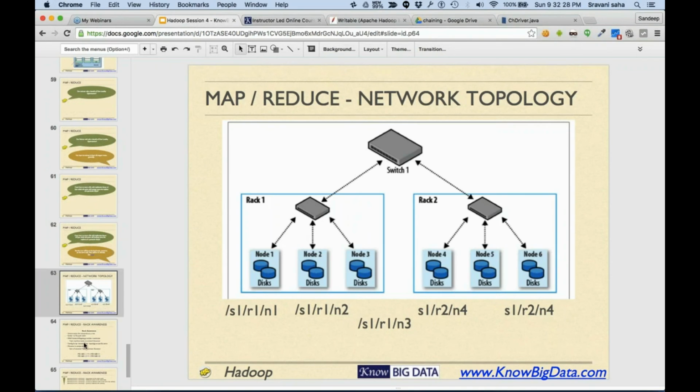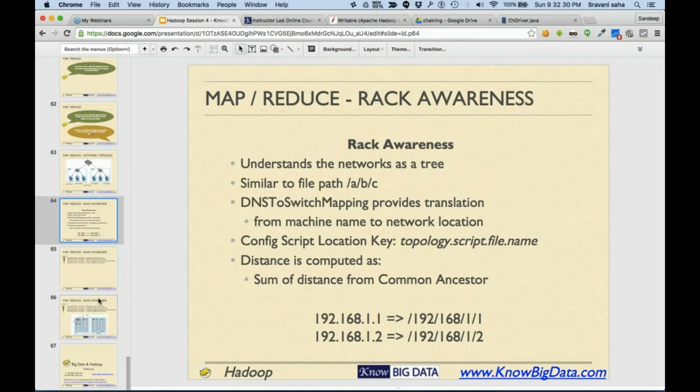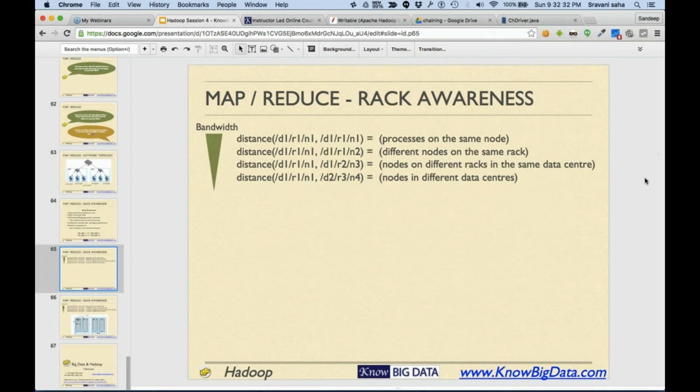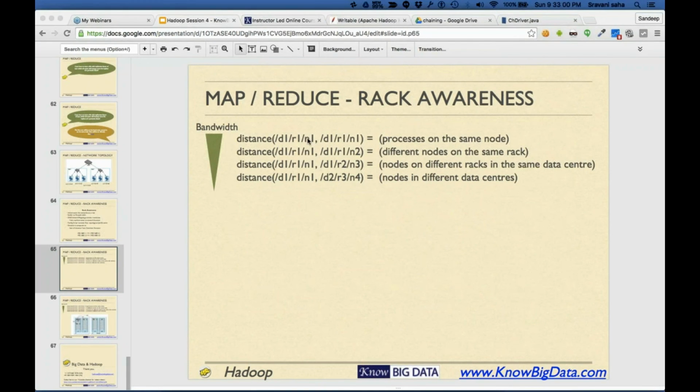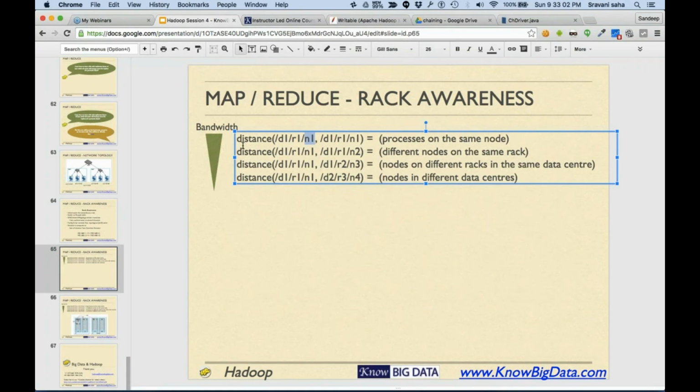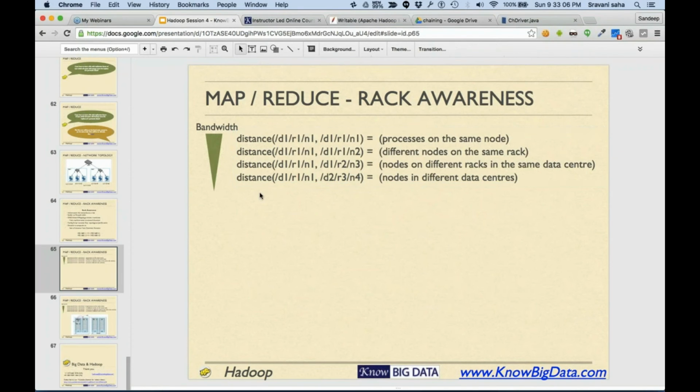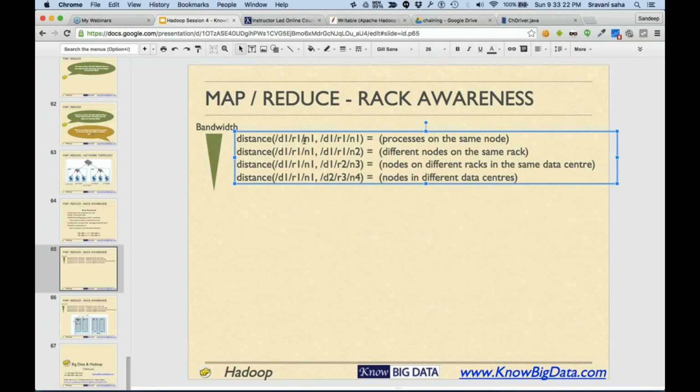All right, that is the distance that is computed. Okay, so the bandwidth between n1 and n1 is maximum, while between n1 and n4 it is minimum because the distance is bigger.